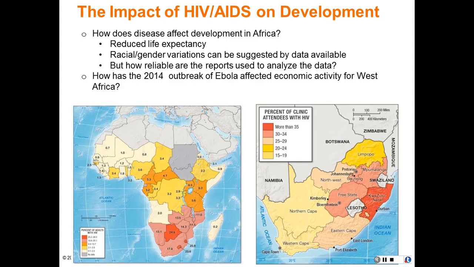But there are questions as to how reliable the reports are that are used to analyze the data. It's very difficult to go into many of these places and really determine the extent of AIDS and the demographic of people who have AIDS, in fact. So it's interesting to consider, for example, the economic impact of the 2014 outbreak of Ebola and how that affected economic activity for West Africa, where it was the strongest.